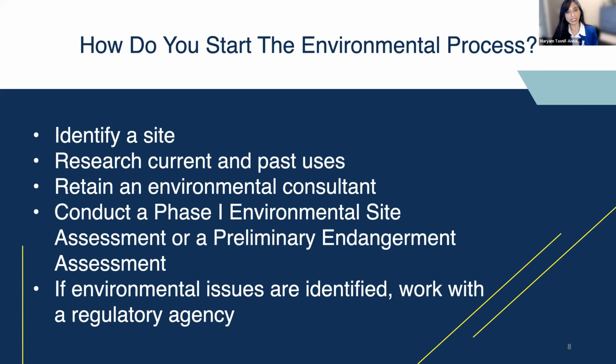And so first step, identify that site. On your own, there are a lot of resources, including the state databases that Greg talked about, Envirostor and GeoTracker. Research current and past uses. A lot of professionals who are in real estate really know how to do this quite well by using free resources.